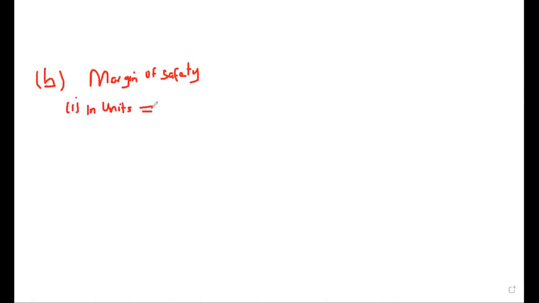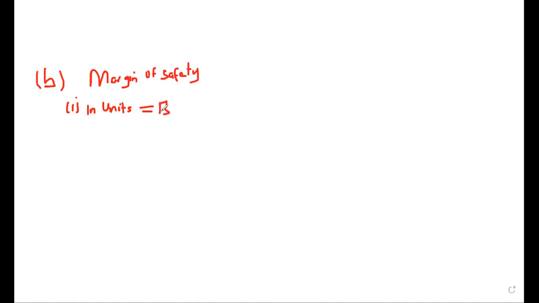Margin of safety in units is calculated by subtracting break-even points from the budgeted sales level. So let me write the formula here. Very important.